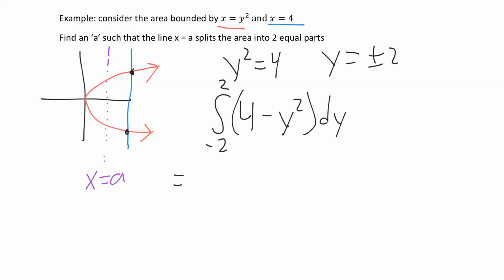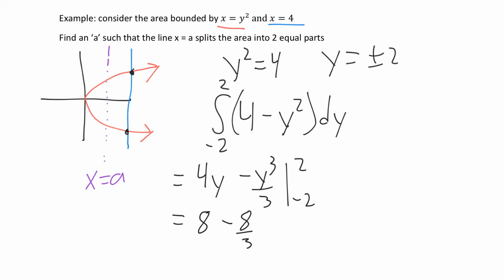In this case, we can evaluate this quite easily as 4y minus y to the 3 over 3 from negative 2 to 2, which will give us 8 minus 8 over 3 when we plug in positive 2, and we subtract negative 8 plus 8 over 3 when we plug in negative 2.